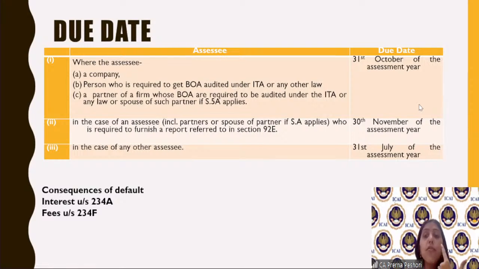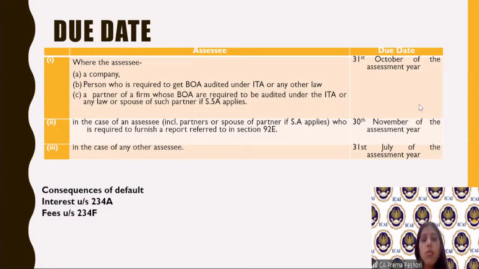Further, carry forward of losses is not permitted. It is possible that you have certain carry forward of losses. Then that will also not be permitted if you have not filed the return of income within the time. Right?